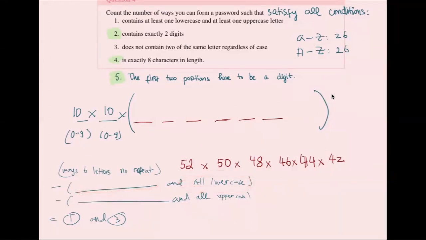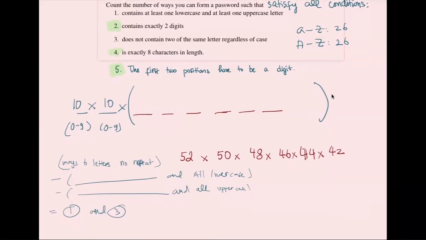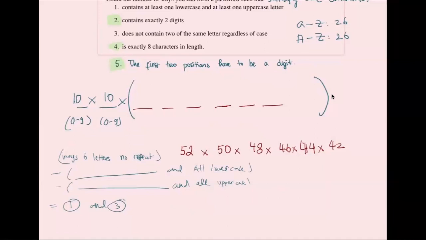How many ways are there? I can choose for the first position if I want all lowercase. If I want all lowercase, then I only consider the alphabet A to Z lowercase, right? I just ignore the uppercase alphabet. Yep, that looks right.